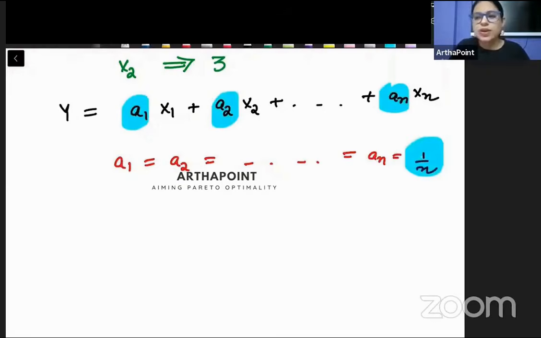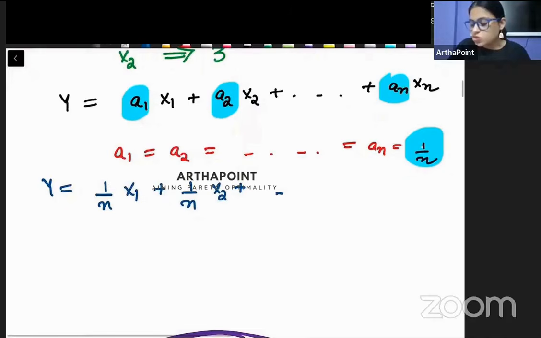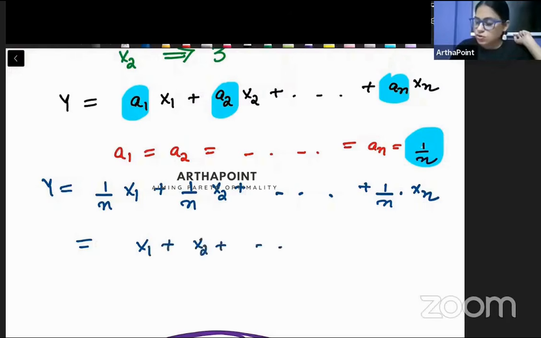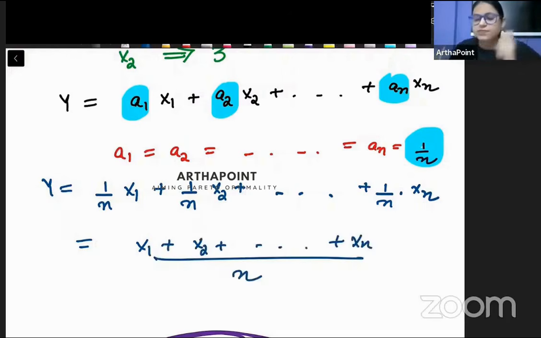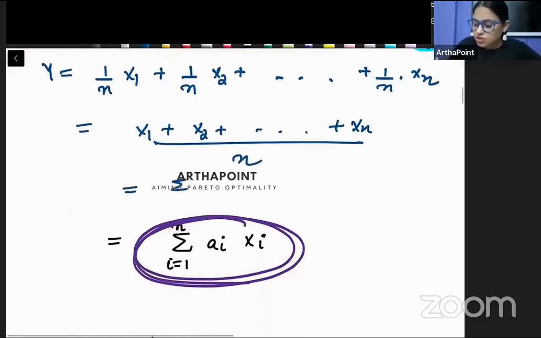I have given each x weightage equal to 1 by n. तो इस केस में what will happen ना, I can write y is equal to 1 by n x1 plus 1 by n x2 and so on till 1 by n xn. अब यहाँ पर थोड़ा सा अगर हम नोटिस करें, so you will realize कि this is nothing but x1 plus x2 till xn divided by n. And this is nothing but summation x by n, which is nothing but mean.